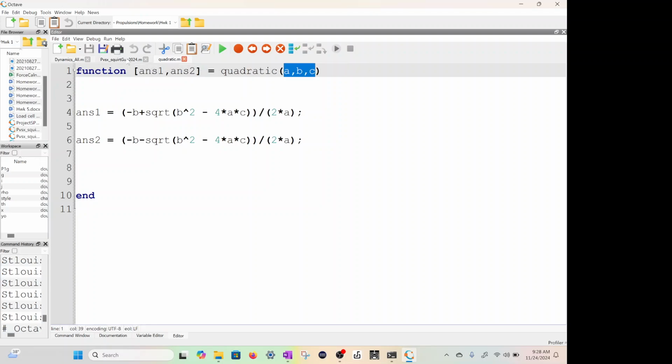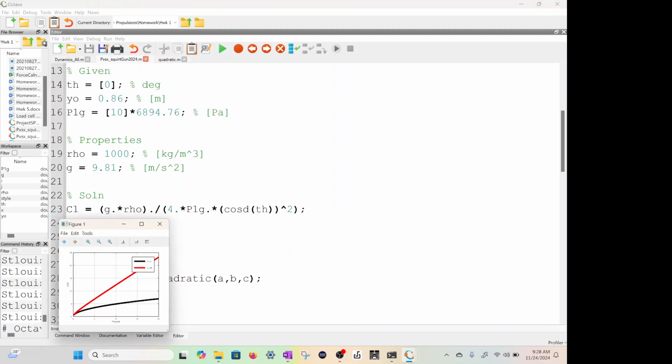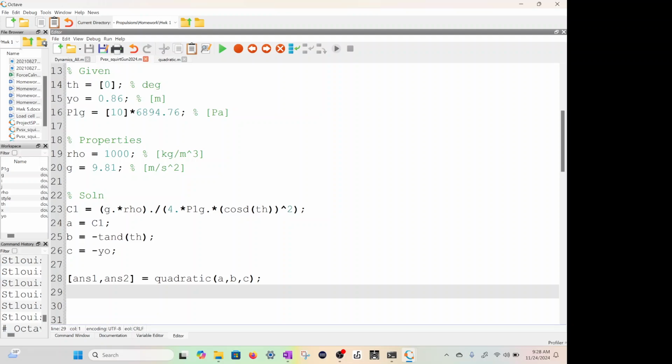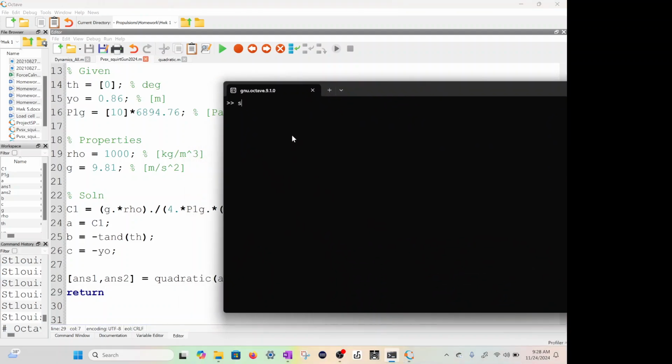So if I go back, when I run this, oh, sorry, I jumped the gun. Let me type return and show you. So if I type answer 1 and then answer 2, one's positive and one's negative.